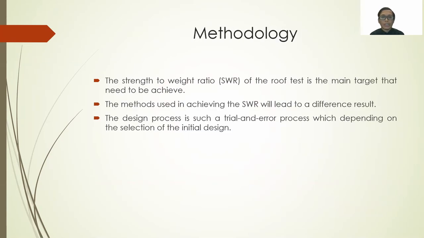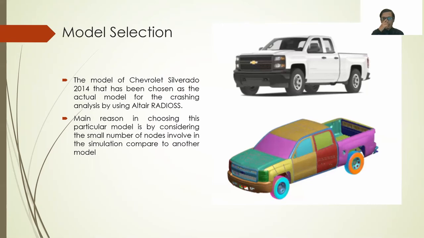Methodology. The strength to weight ratio, SWR, of the roof truss is the main target that needs to be achieved. The method used in achieving the SWR will lead to different results. The design process is a trial and error process which depends on the selection of the initial design.